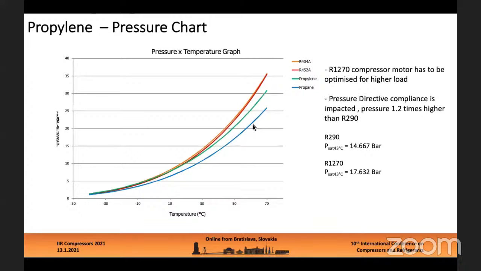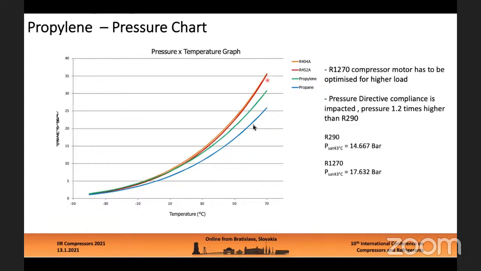Looking at the pressures, propylene has higher pressure than propane but lower than 404A. It's somewhere in the middle. So if you want to use the propane compressor for propylene, we must optimize the motor for higher loads. In terms of motor sizing, it's close to the 404A design.